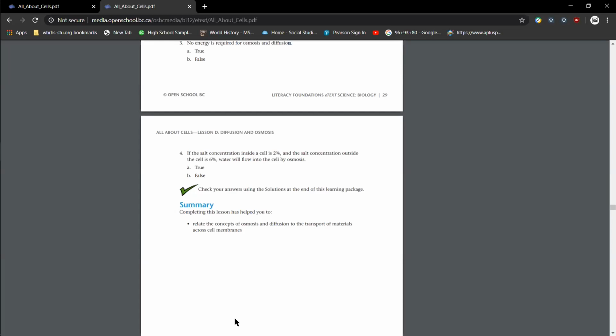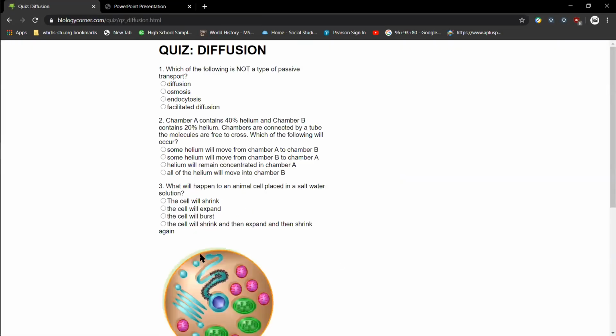So I have a few more questions. Question 1: which of the following is not a type of passive transport?